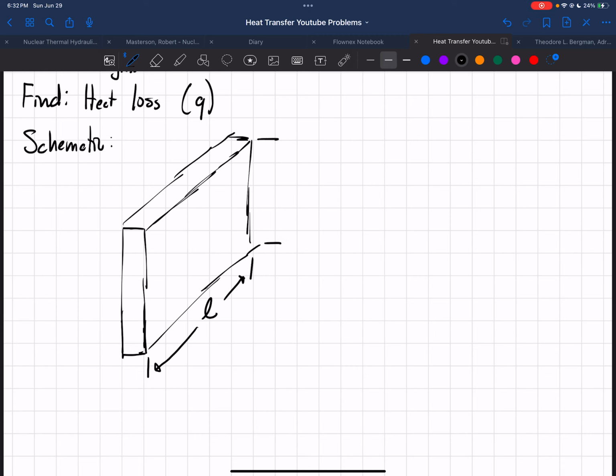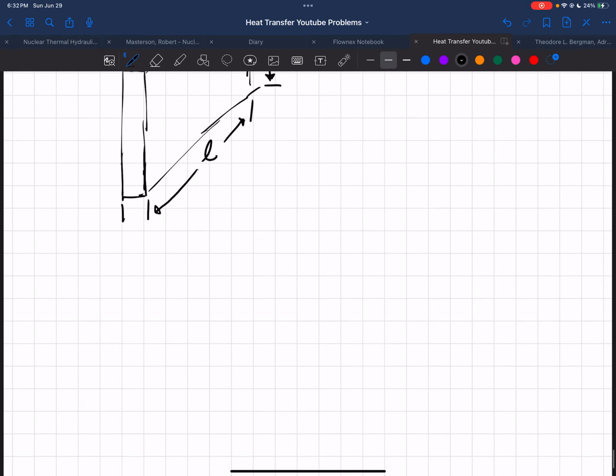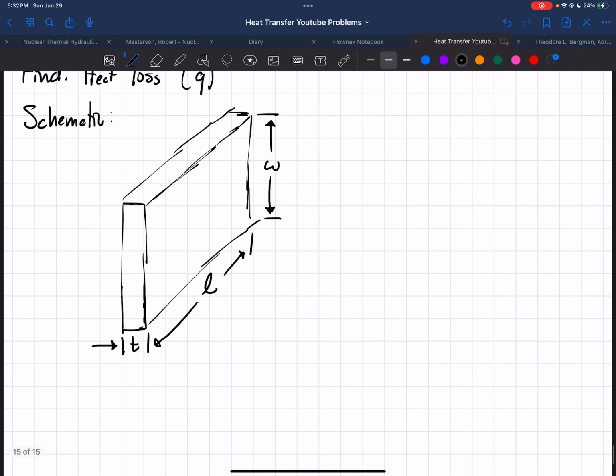We're going to have our 1 meter side, which we call W for width. And then we have our thickness here, which we call T. We know that this is glass, and so we have K there. And we'll call this side the inside, and this will be T inner, or I'm just going to shorten it to T in. And over here, we will have T outer, or I'll shorten it to T out. And that should be it.